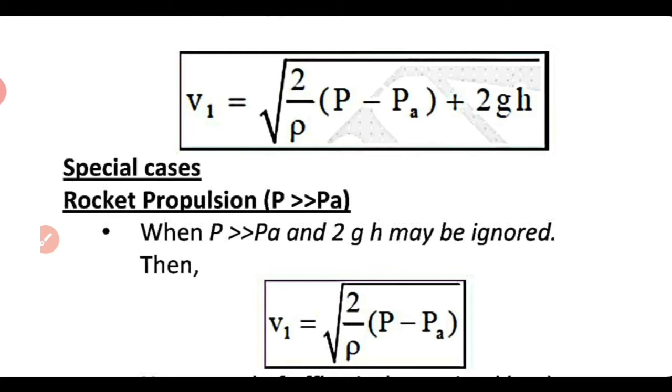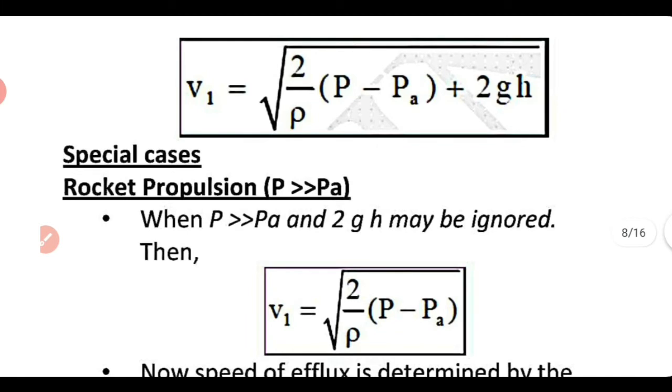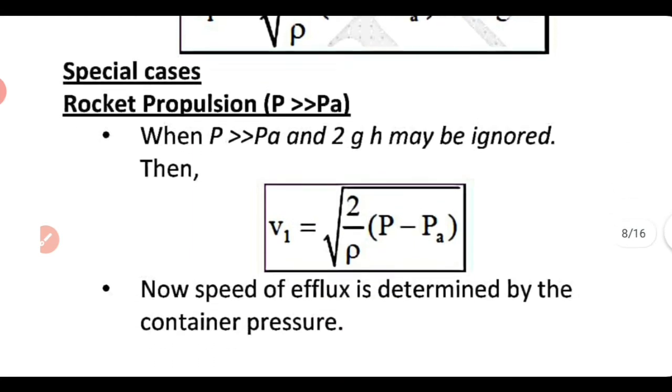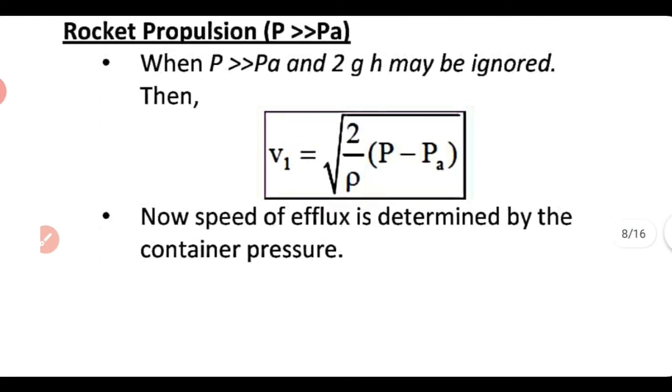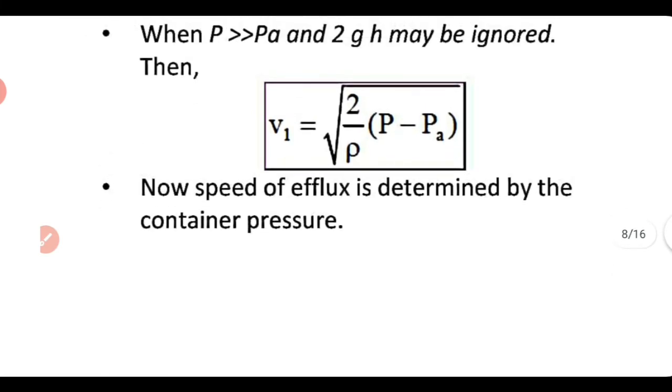So the expression for speed of efflux becomes root of 2 by rho into P minus PA. That means the speed of efflux is determined by the container pressure.